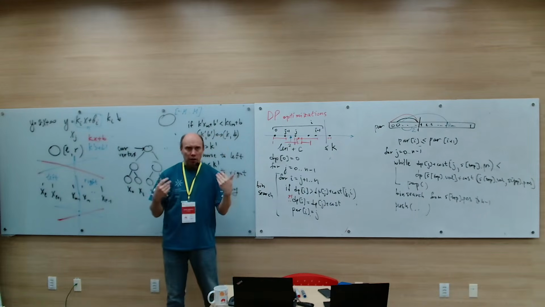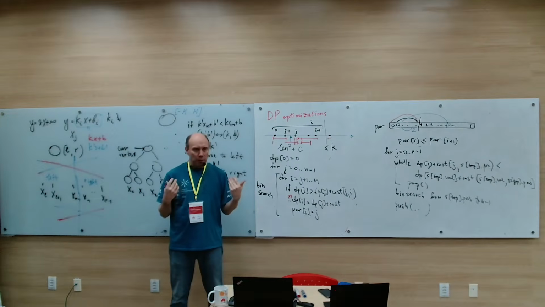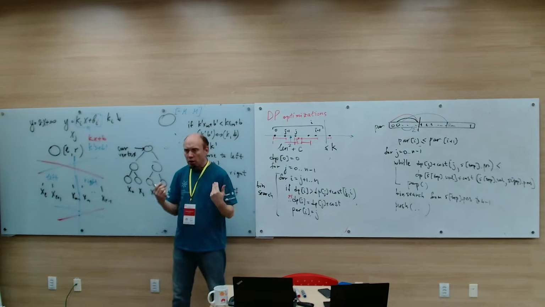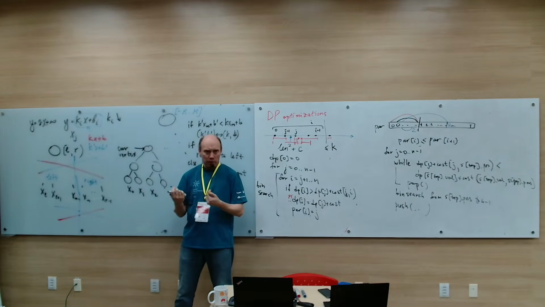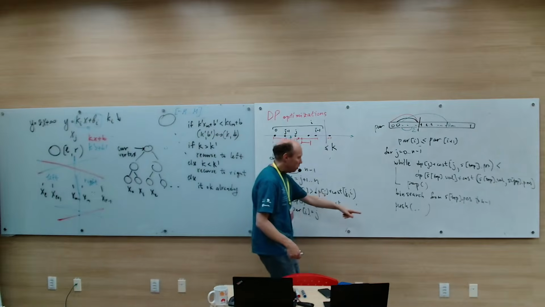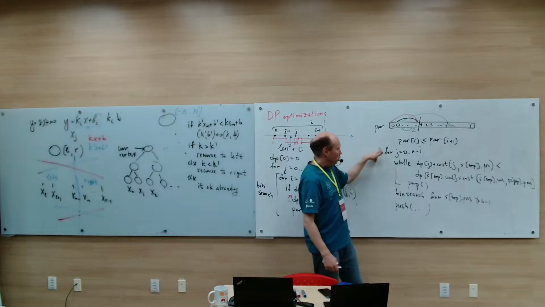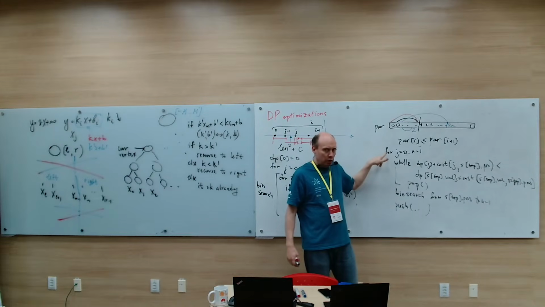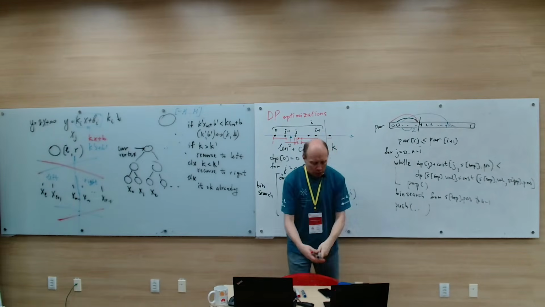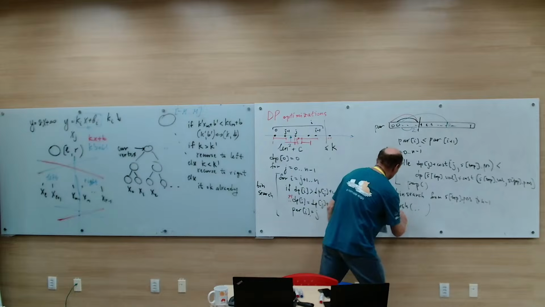But we cannot store DP that way. Fortunately, we know the correct value of the parent, so we can calculate DP. At this point, we know that the parent for j plus 1 is correct, because we're going to switch to the next value and start from the next j. So we can calculate DP[j+1] here.